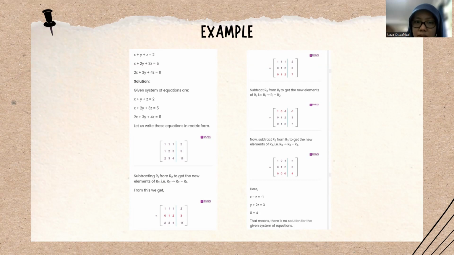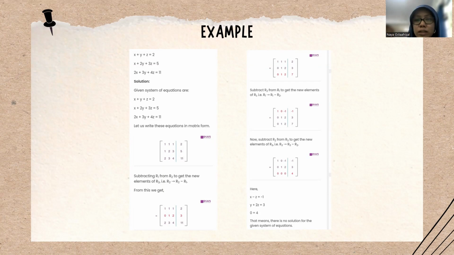That will then become 1, 1, 1, 2, 0, 1, 2, 3, 0, 1, 2, 7. Then we subtract R2 from R1 to get the new elements. After that, we subtract R2 from R3 to get the new elements of R3.